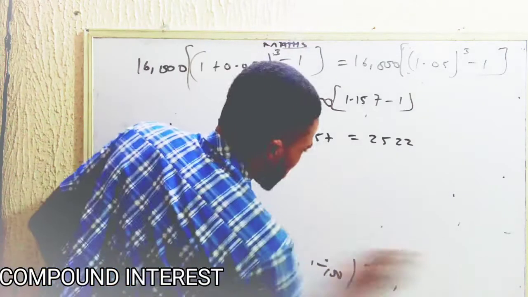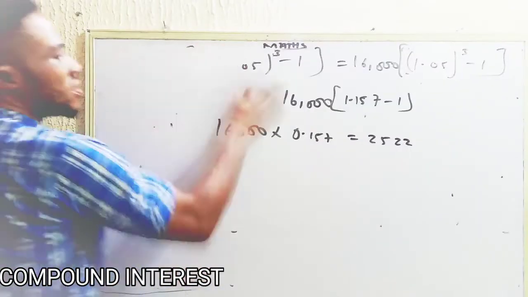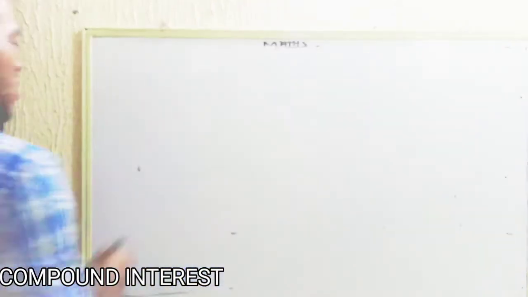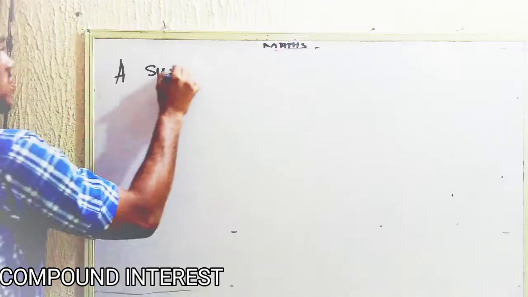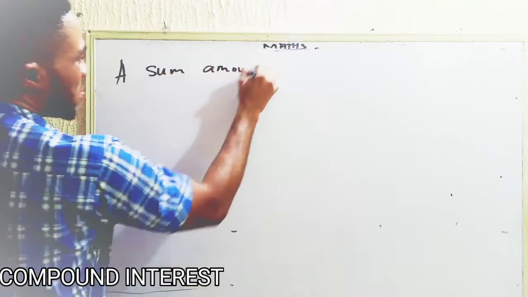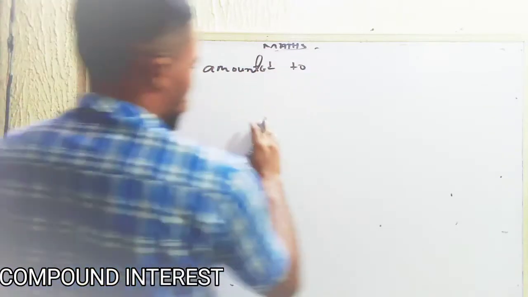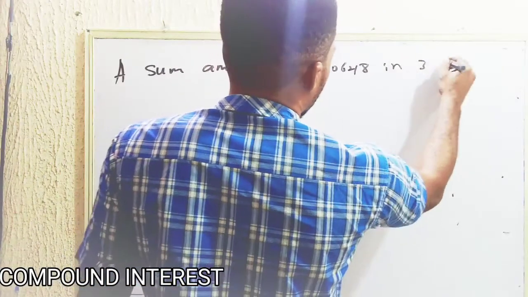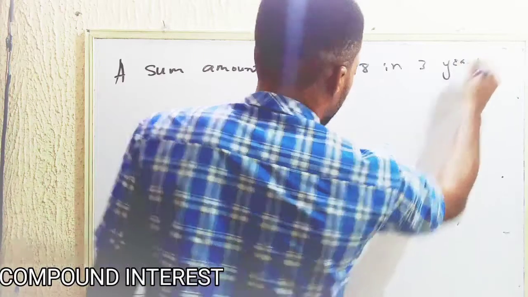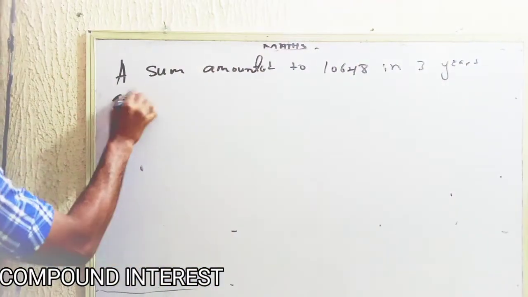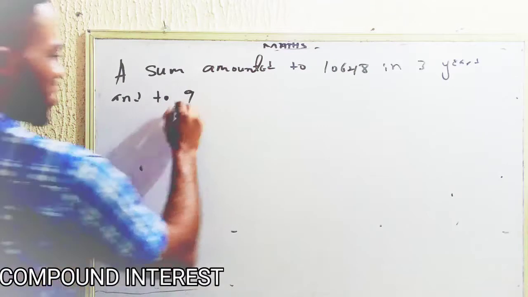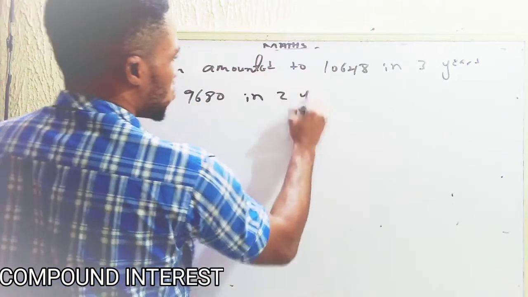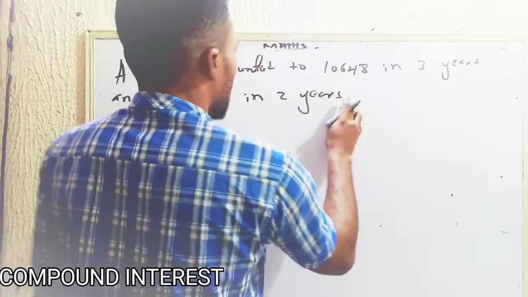For the second example, I have a sum amounted to 10648 in 3 years and to 9680 in 2 years.